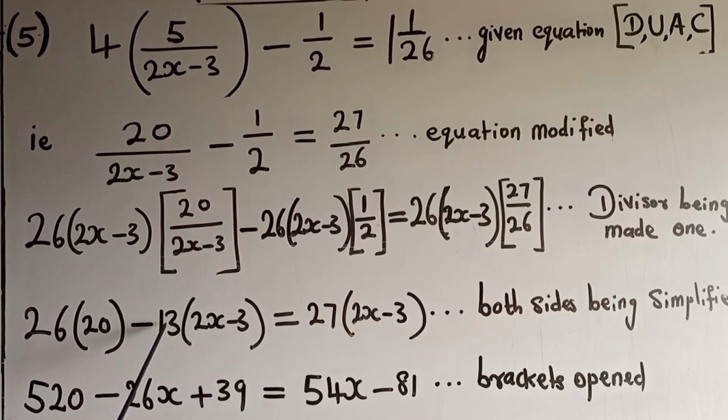Therefore, when this 13 is multiplying anything in the bracket, it is carrying this sign with it as it is multiplying. That means minus 13 times plus 2x. The answer becomes minus 26x. That's how this minus came here. It is not just because minus was here that it came to be here, but because minus multiplied plus.